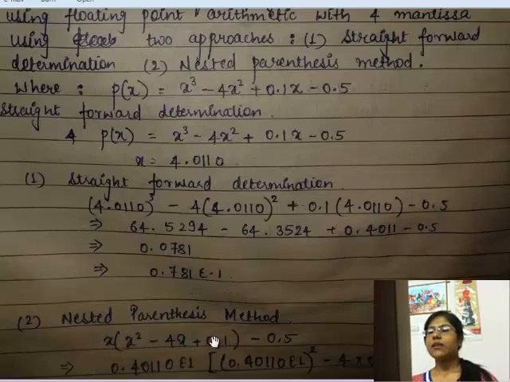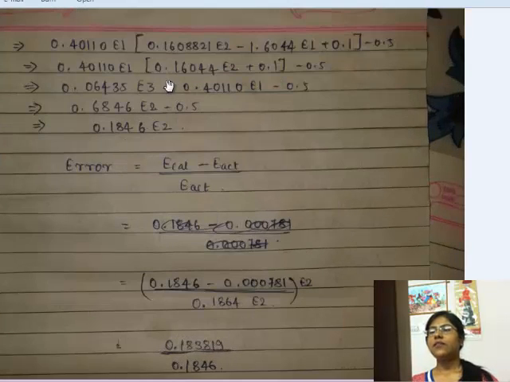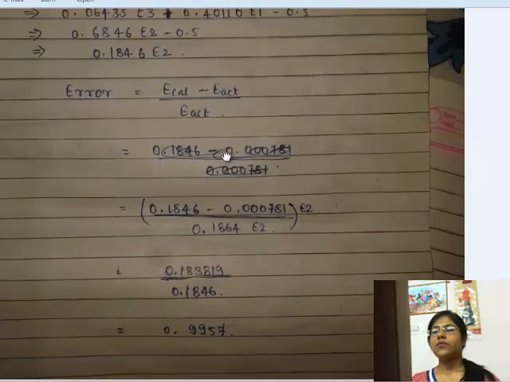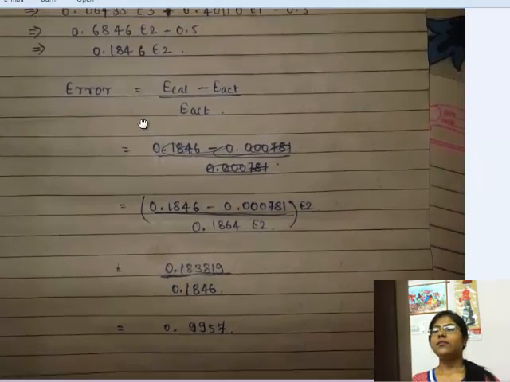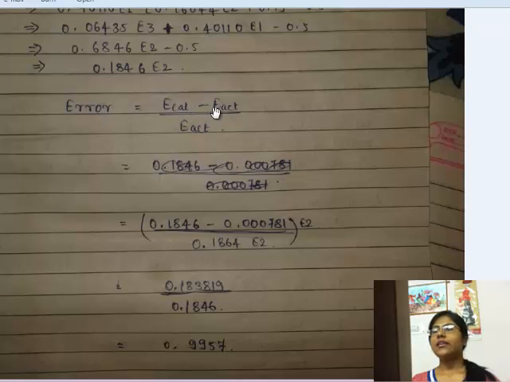While in the nested parenthesis method, we take x common in successive steps, and here I have depicted how you calculate in the nested parenthesis method, and finally we get the result as 0.1846e2. Now we need to calculate the relative error, which is calculated as E calculated minus E actual upon E actual.